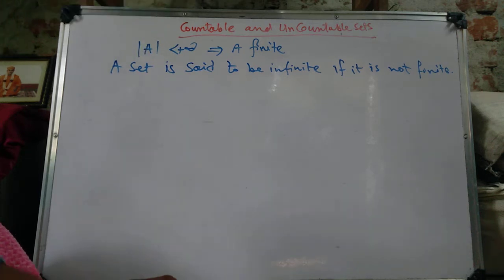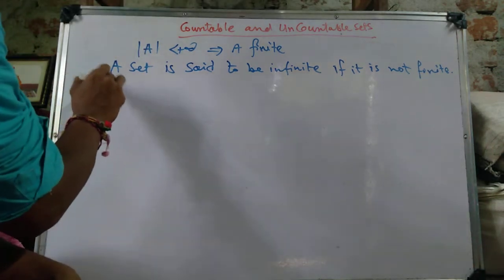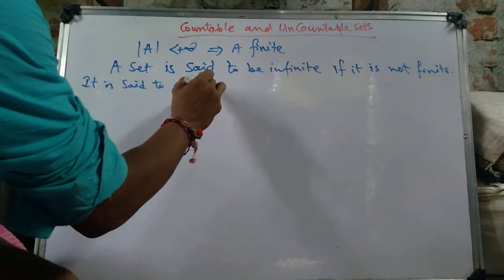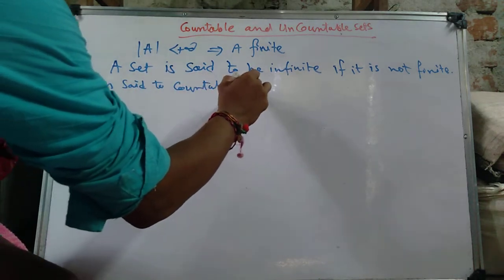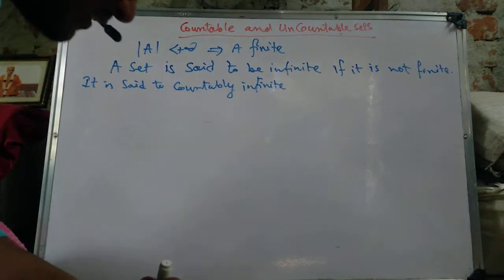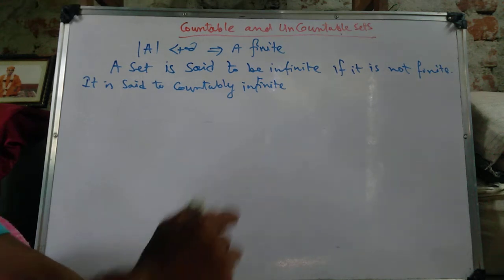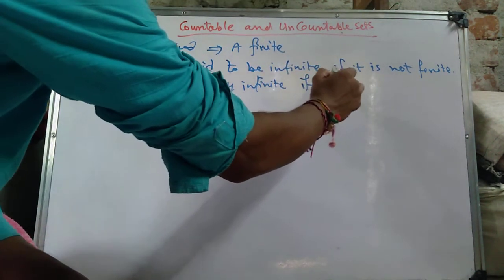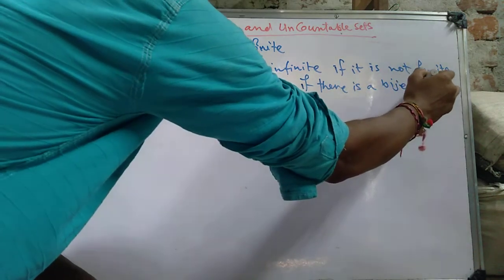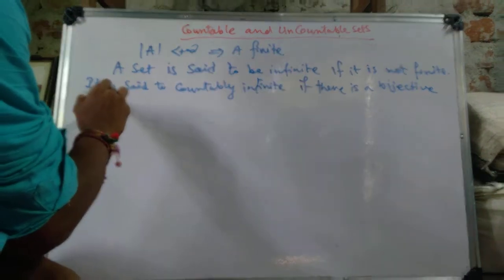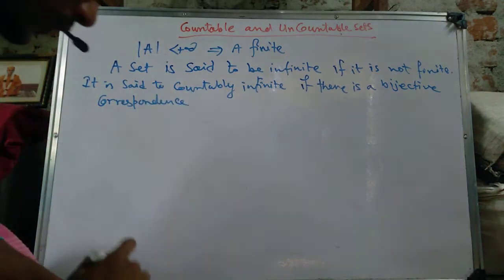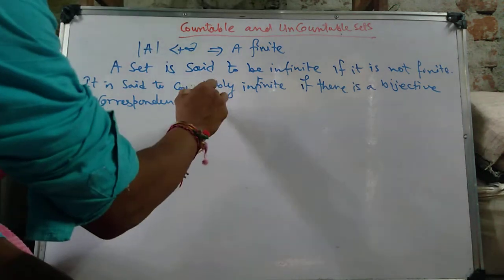It is said to be countably infinite if there exists a bijective correspondence from A to Z plus.